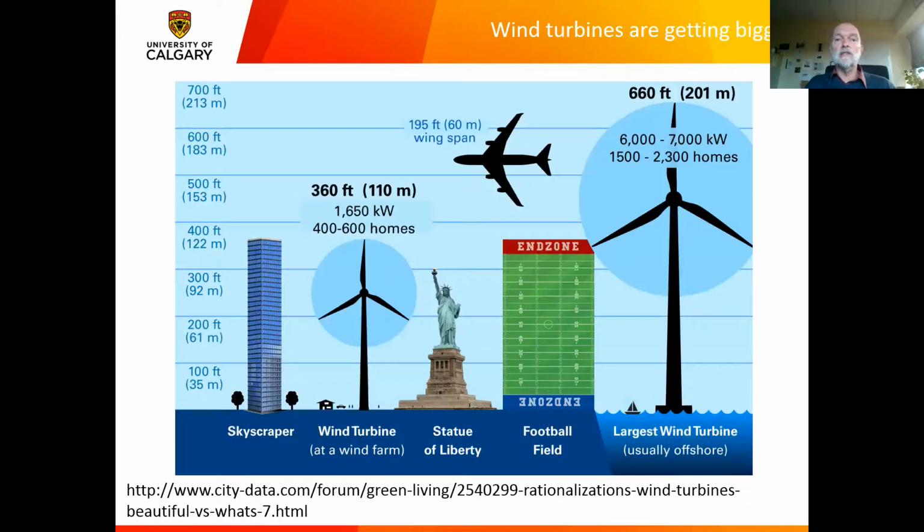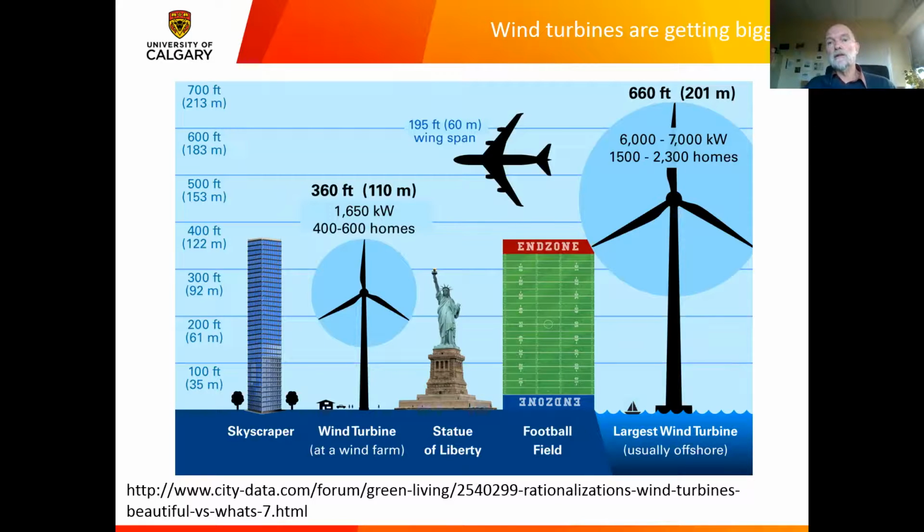And the next image that I have, I think, shows that very graphically. So you can see here an aircraft at the top of the slide. That's probably a Boeing 747, but typical of a modern aircraft. You can see the Statue of Liberty there. You can see a football field there. And between those two, you can see a wind turbine very much on the left-hand side, very much like the ones that you've probably seen if you've driven past a wind farm.